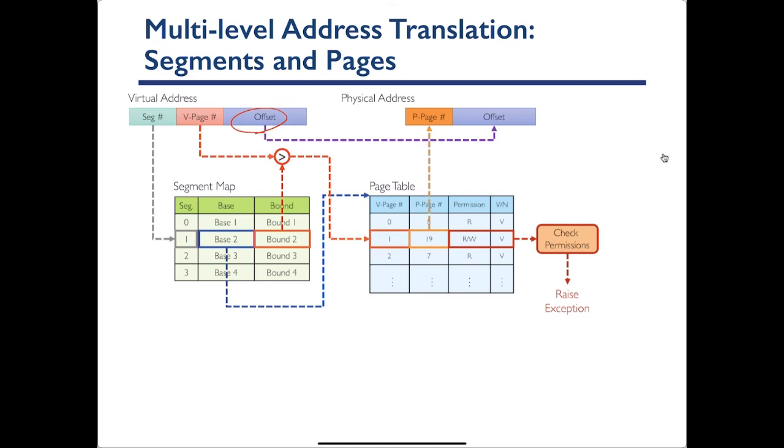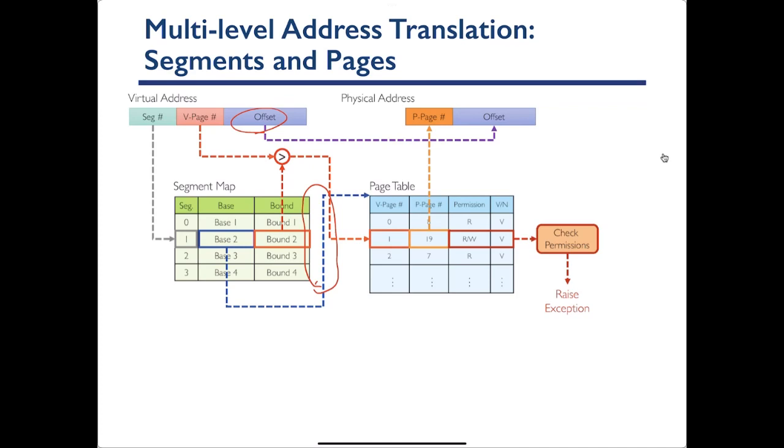And I can do the checking, for example, in this particular example, with granularity of pages. So on each page, I can have permission and valid versus invalid. You could also put permissions here so that you enforce permissions at the level of segments.